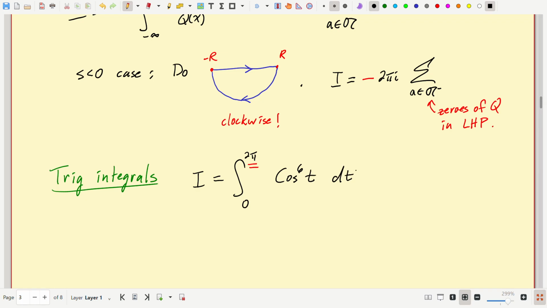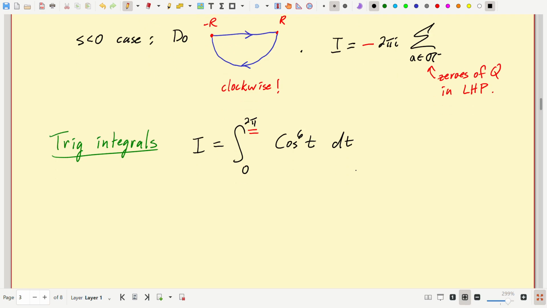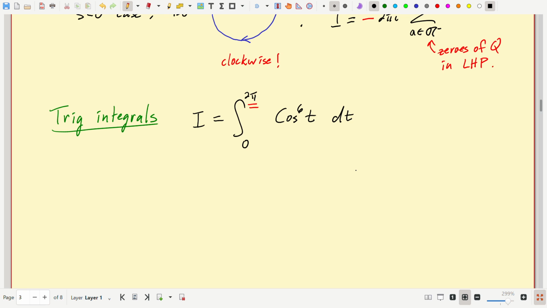You learned a reduction formula to calculate this in freshman calculus. It was kind of tedious. You could do it if they locked you in a room long enough. But now we have a fancy way to do it using the residue theorem. And let me explain how you do that. Notice, we know that cosine of t is equal to e to the it plus e to the minus it over 2.